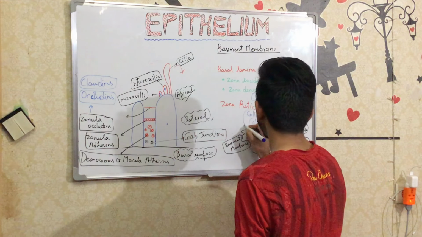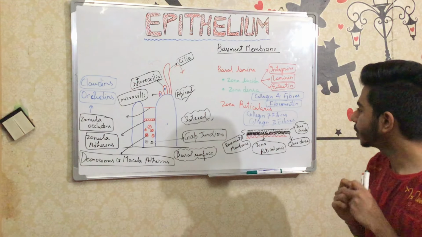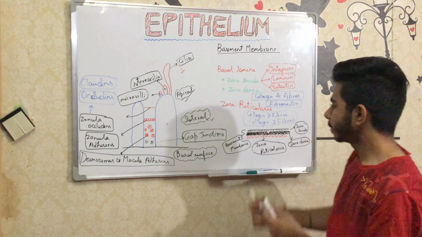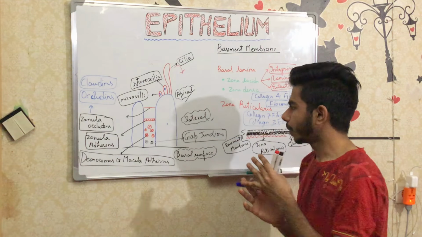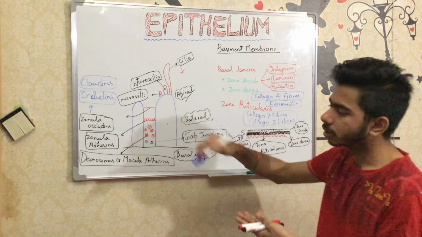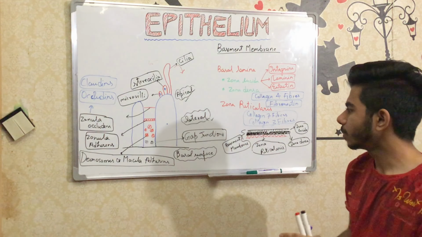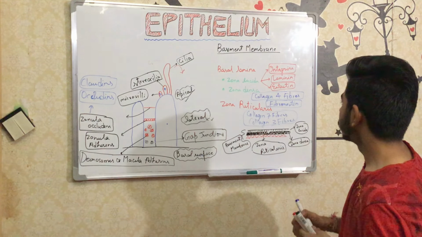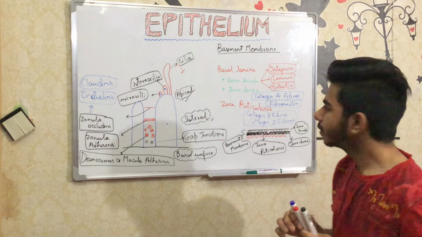These two fibers present in the zona reticularis of the basement membrane help it to separate the epithelium from the underlying connective tissues, and also provide some nutrition which the epithelium wants. So these are the structures of this basement membrane.